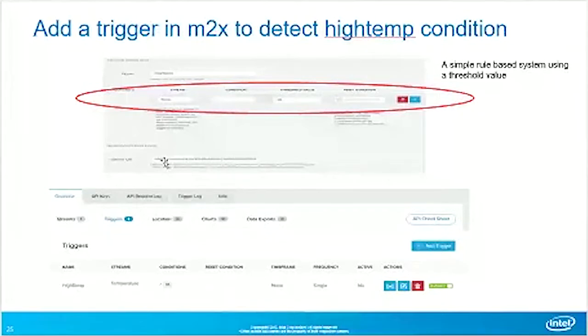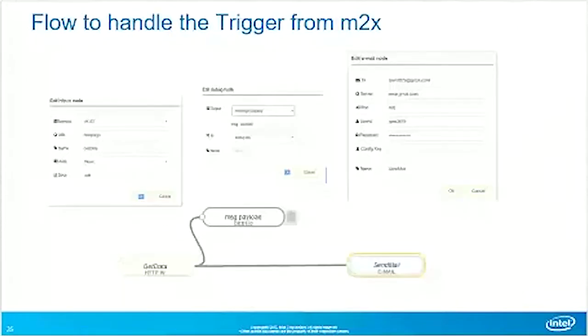The callback URL is the one that is present here. This is the one which sends a POST message to the flow. And inside the flow, we need to change it so that we process this callback from the M2X service also.